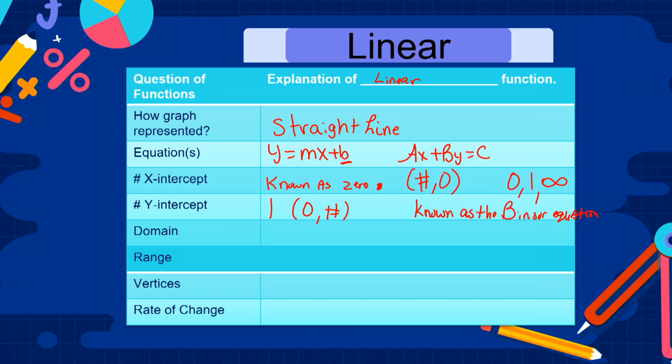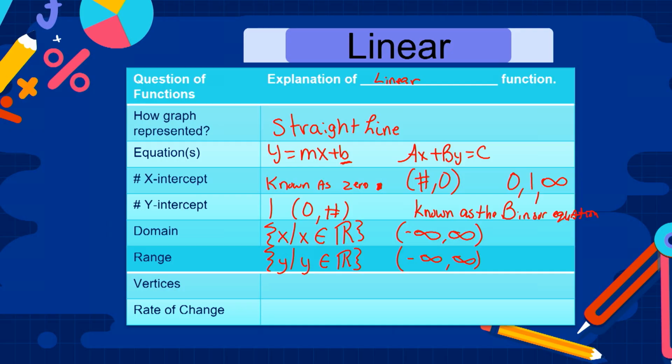We say that our domain for our linear equations is x such that x is all elements of real numbers. We could also say that our domain runs from negative infinity to positive infinity. Our range is also y such that y is all elements of real numbers, and y can also go from negative infinity to positive infinity.